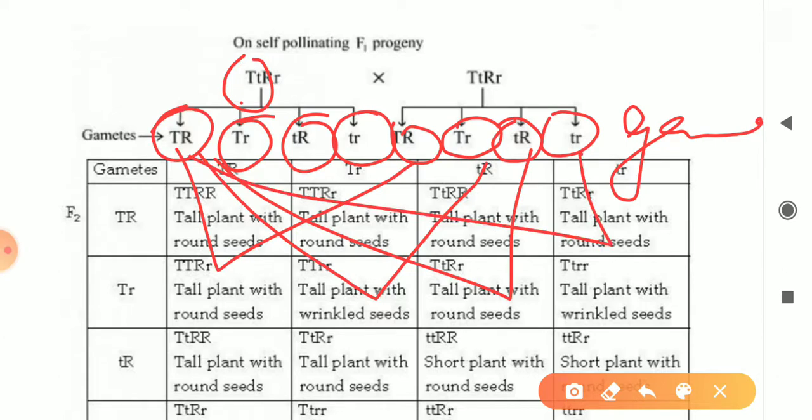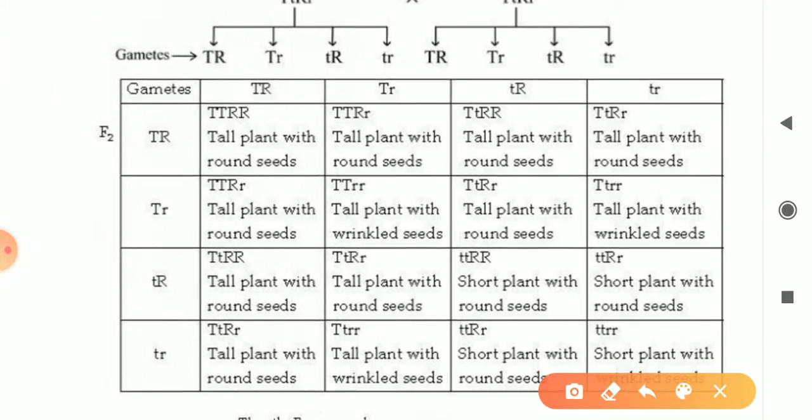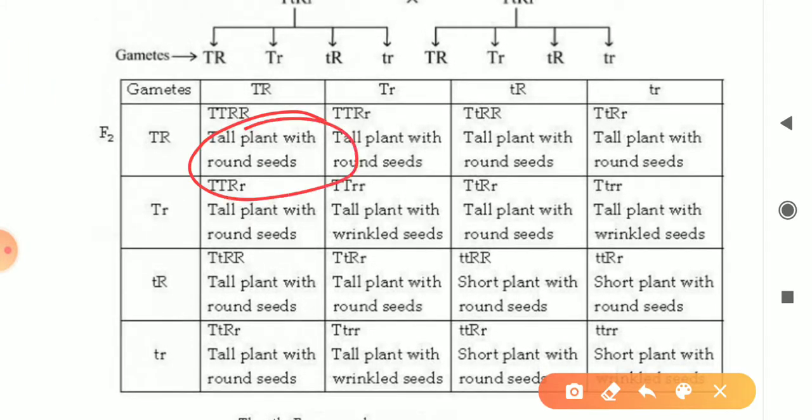If you go on doing all the possible fusions, you get tall and round seeded plants, again tall and round, tall and round.